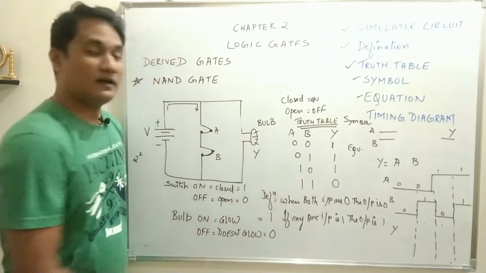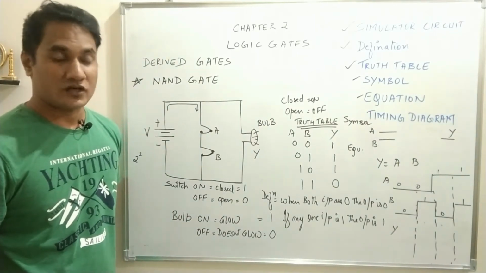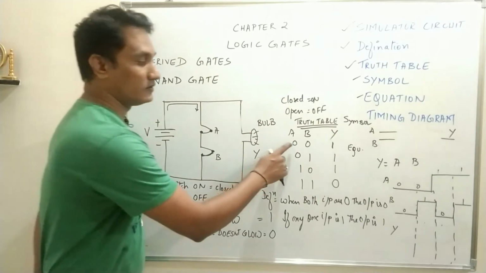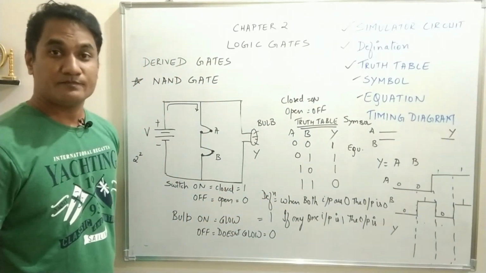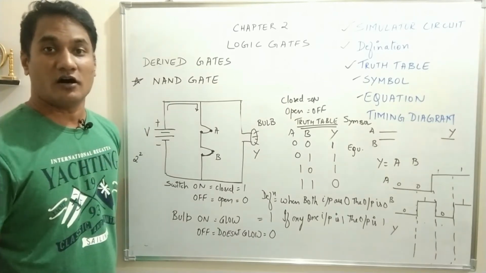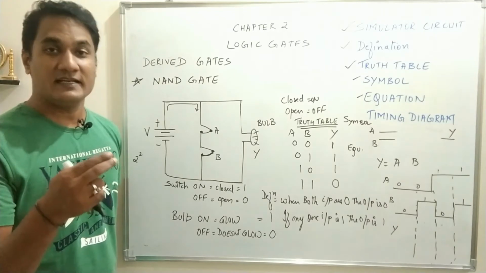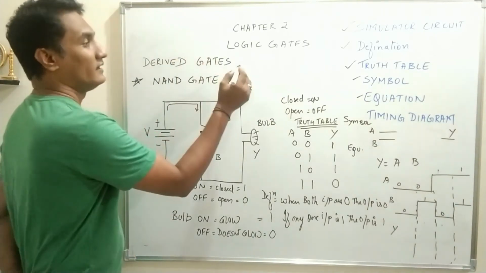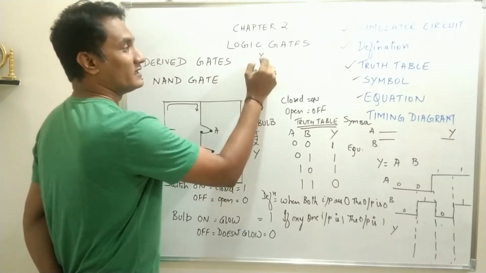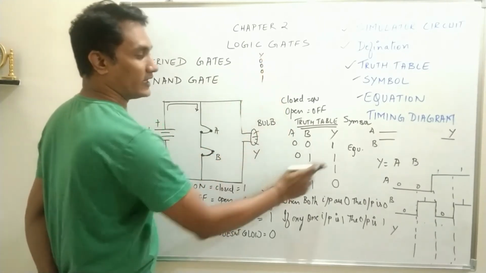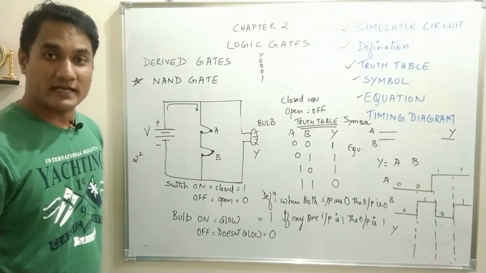If you compare the truth table of NAND gate with the truth table of AND gate, what you can see is it is exactly opposite. For AND gate, the Y output was 0 0 0 1, and what you can see here is 1 1 1 0.